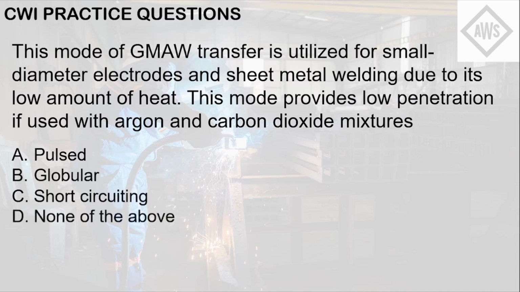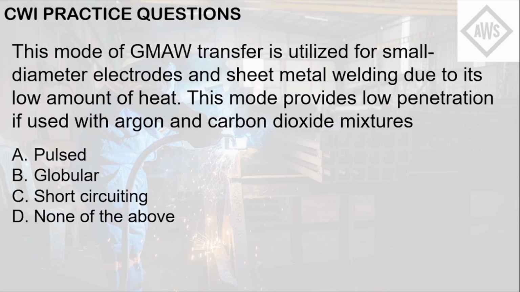Letter D, none of the above. When welding sheet metal using GMAW, you only need a low amount of heat and current because it's very thin. You don't need large amounts of heat to fuse it.